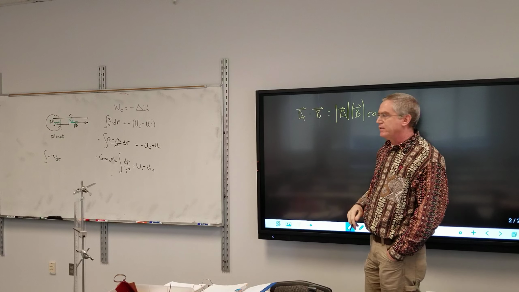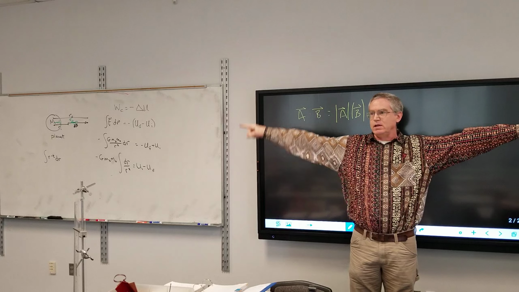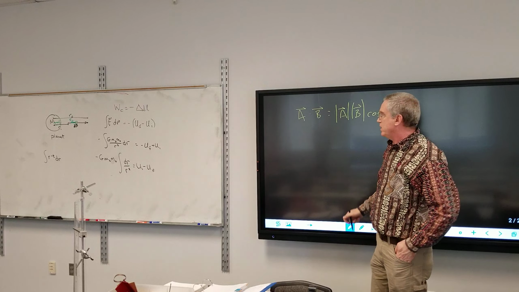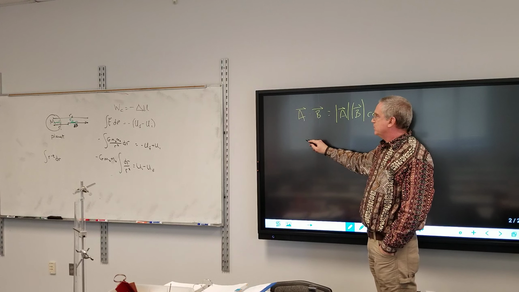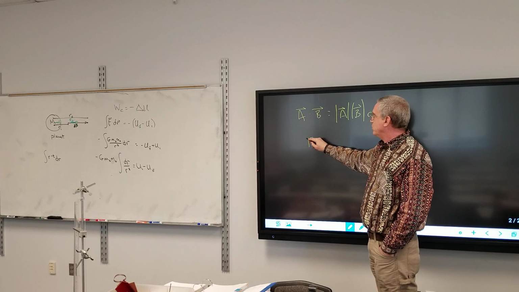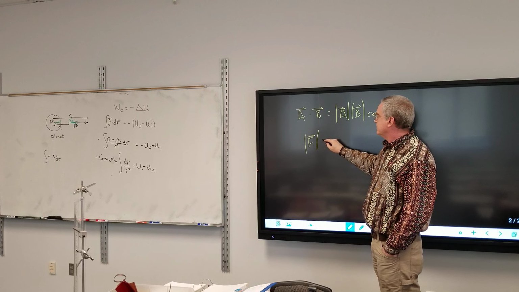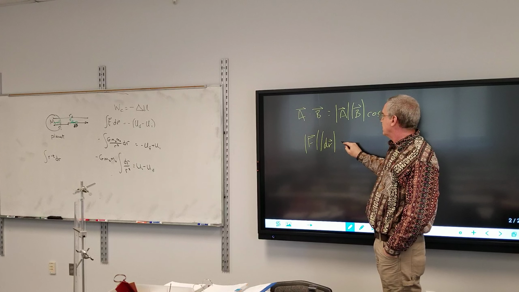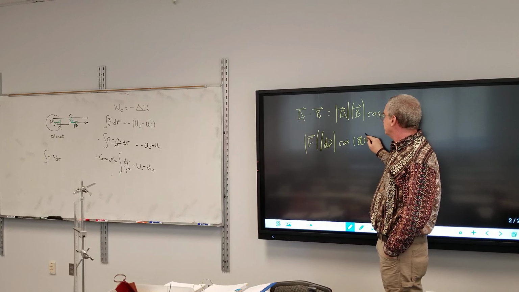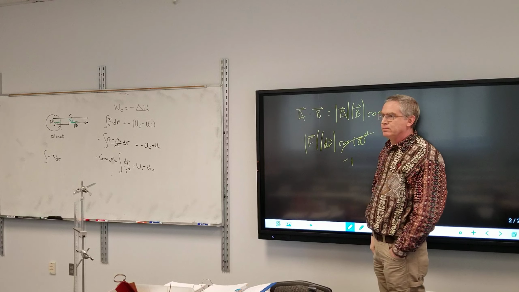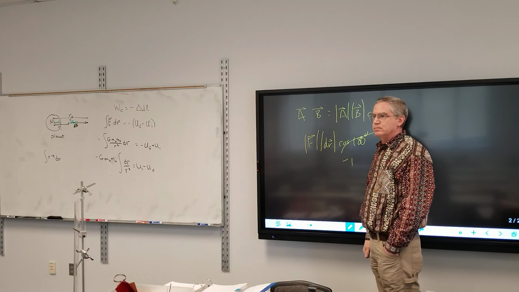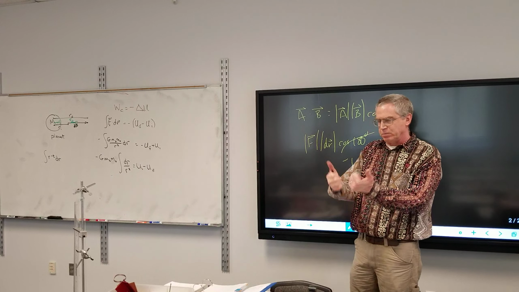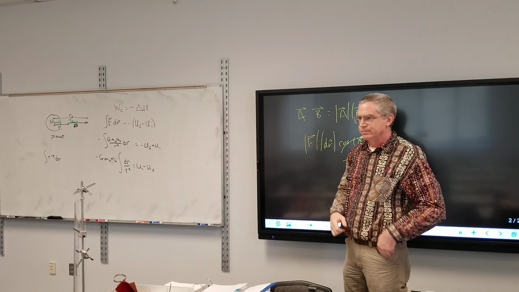In this particular case, FC and dr are in opposite directions, so it's 180 degrees. So you get just the magnitude of the force, times the magnitude of dr, times the cosine of 180 degrees, which is -1. That's where it comes from. As a general rule, if the force and displacement are in opposite directions, it's negative.